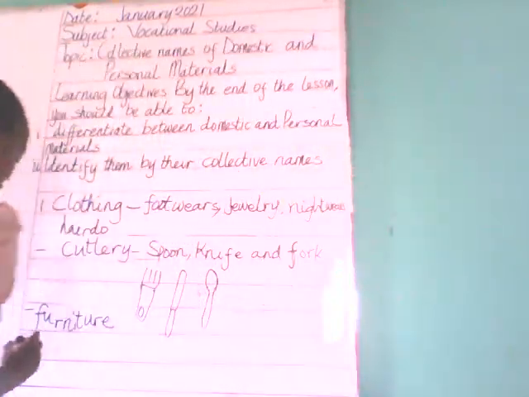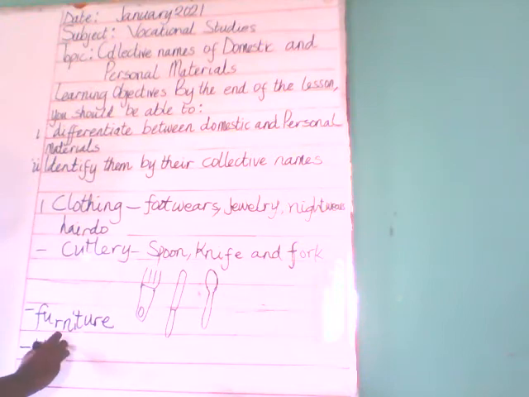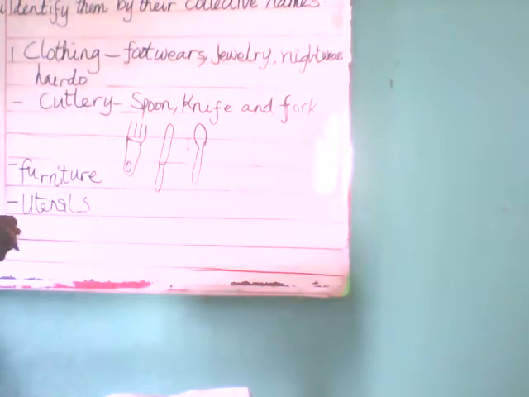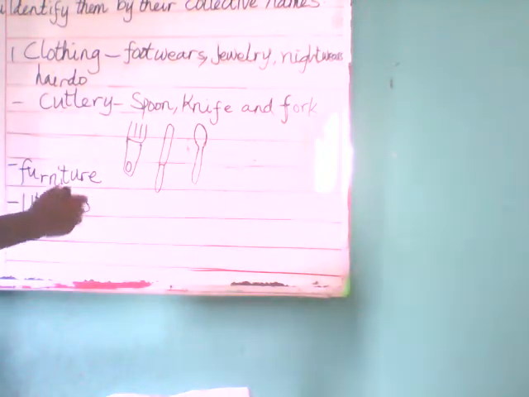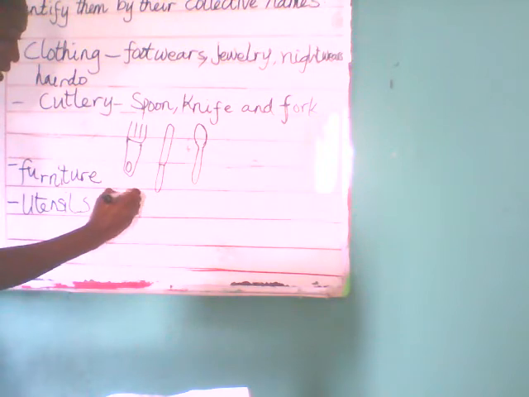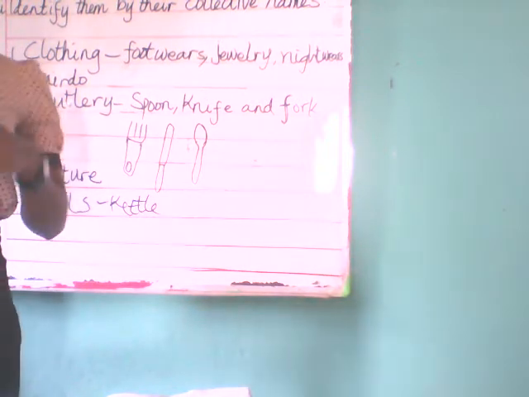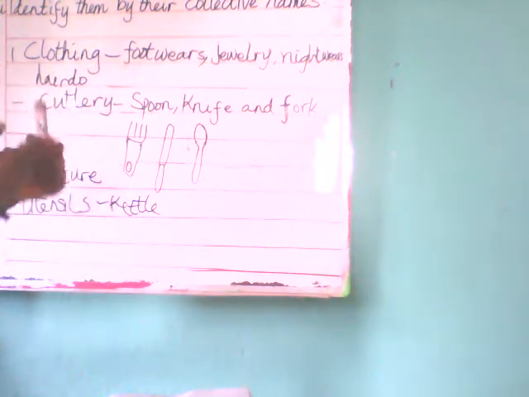Then we have the utensils. Another collective name is the utensils. The utensils can be your kettle, those ones you use in the kitchen. They are made of aluminium. They are used in the kitchen and they are made of aluminium.